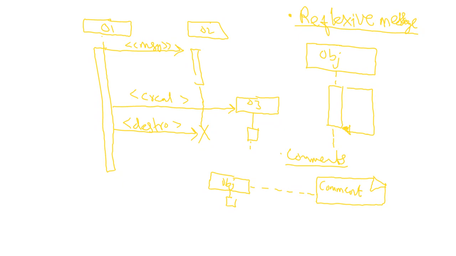Now let us move to problem solving. Let us solve the problems for sequence diagram now. So let's go back to our files. I'm going back to our sequence diagram.